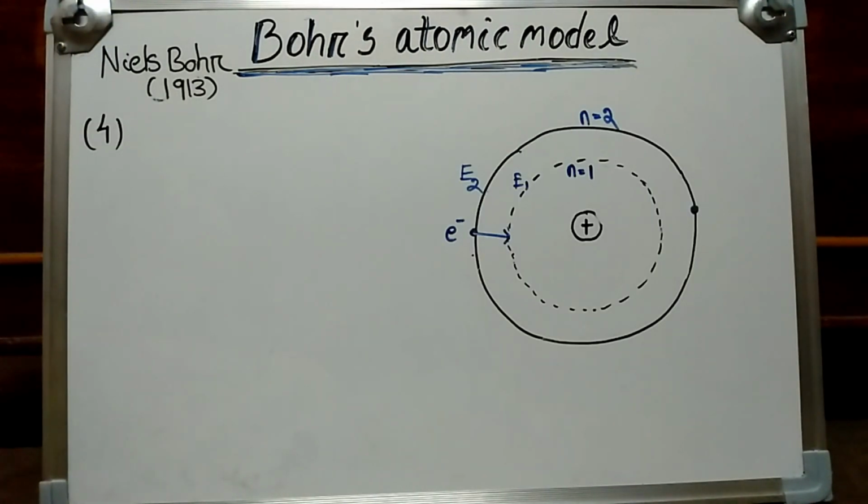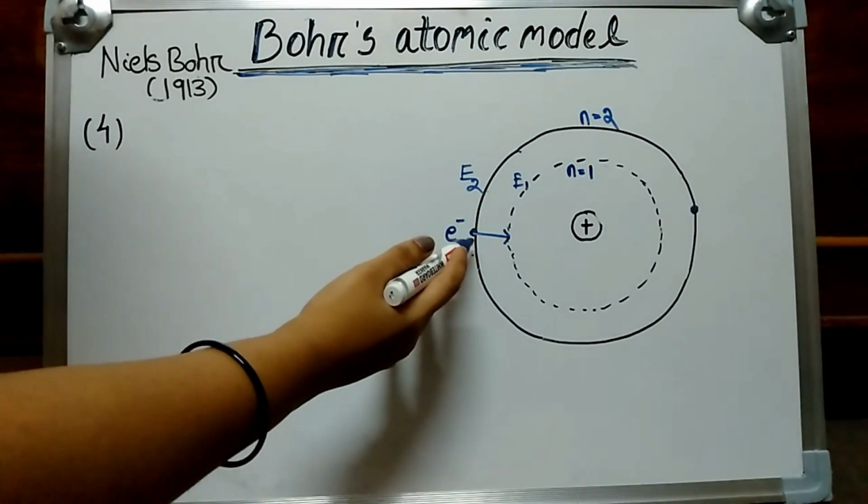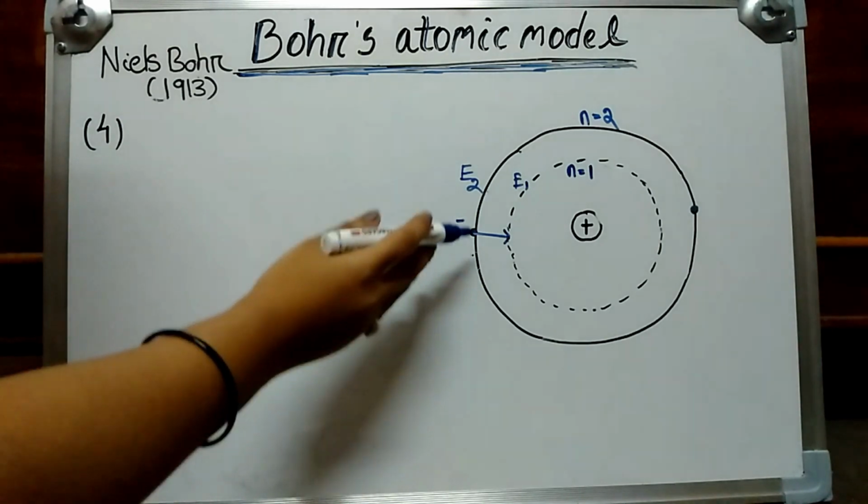Now go to the fourth postulate of Bohr's atomic model. In the fourth postulate, an electron revolves around the nucleus in a fixed circular orbit. That circular orbit is called a stationary orbit. In that orbit, it does not radiate energy.